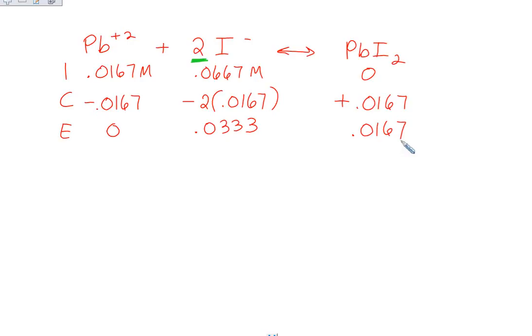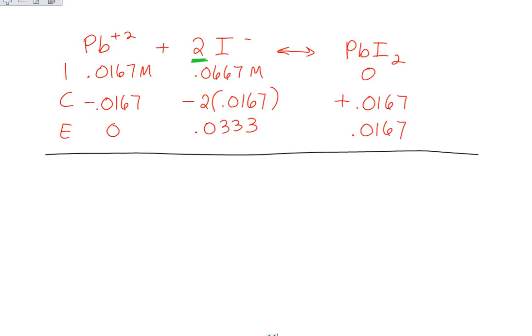And then those lead and iodine ions swim around in the solution. They collide. They go back to the precipitate. So you do end up with an equilibrium system where we're forming solid and we're forming ions at the same rate. So you won't have any zeros at equilibrium. So guess what we need? If you said another ICE table, you are right.